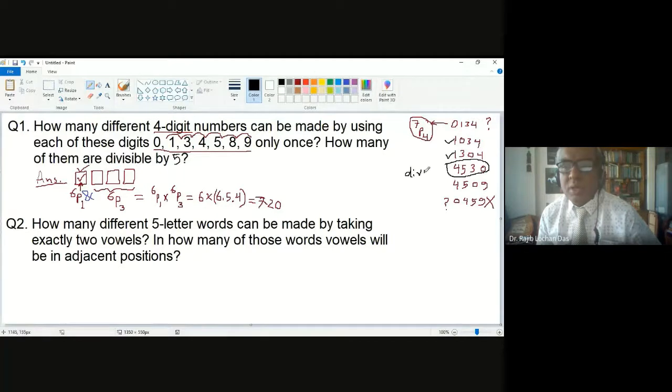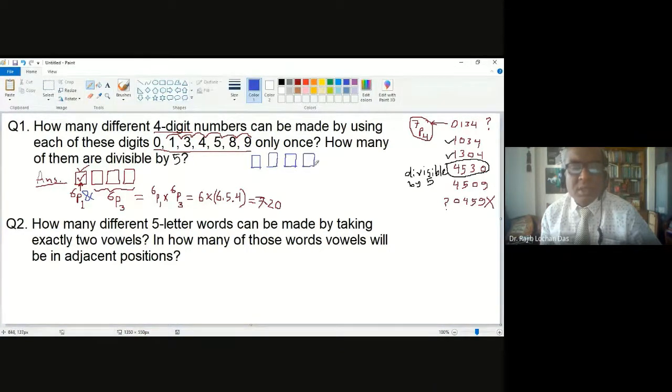So how can you find out how many numbers are divisible by 5? The logic is the last position will be 0 or 5. So in the second part, you will again consider 4 positions. The left side position should not be 0.